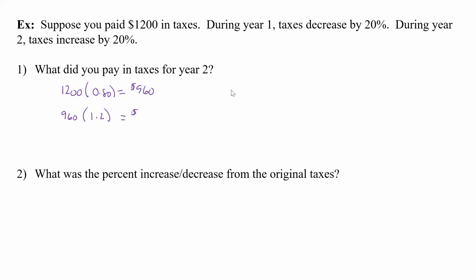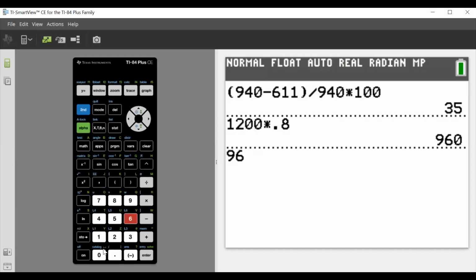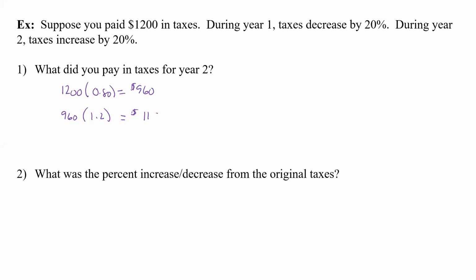So now we're going to take 960 times 1.2, and we get 1152. All right, so that's how much taxes we're going to pay at the end of year 2.